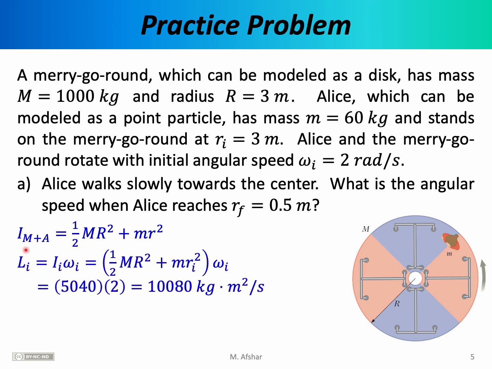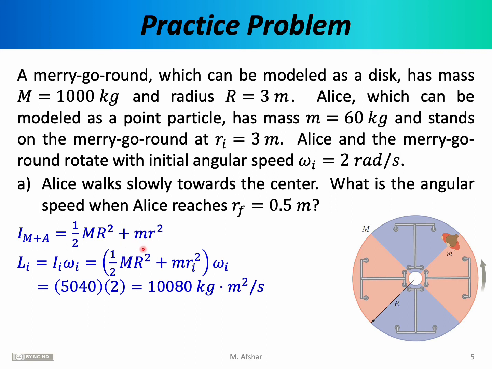To calculate the initial angular momentum of the system, we need to multiply the initial inertia times the initial angular speed. The initial inertia is going to be 1/2 MR squared plus m r initial squared, where r sub i is the initial position of Alice, times omega initial. We have all of these quantities. The mass of the merry-go-round is 1,000.